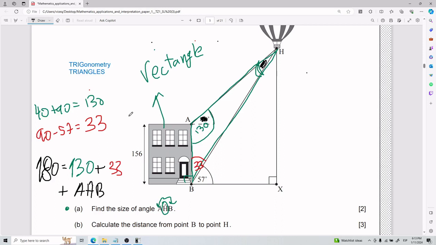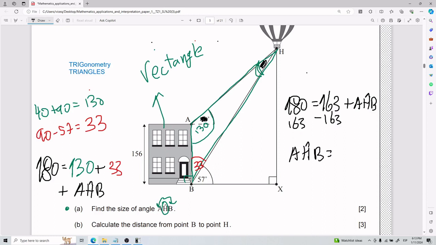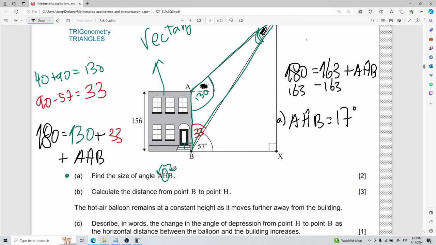So 180 equals 163 plus AHB. If I subtract 163 from both sides, I end up with AHB being equal to 17. So that is for part A. For part A, we found that the angle is 17 degrees.